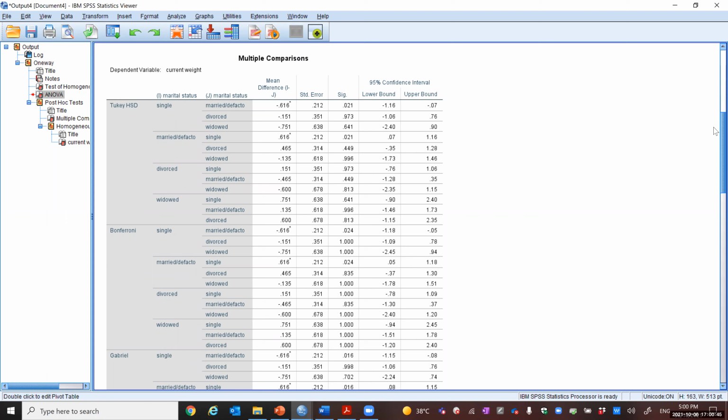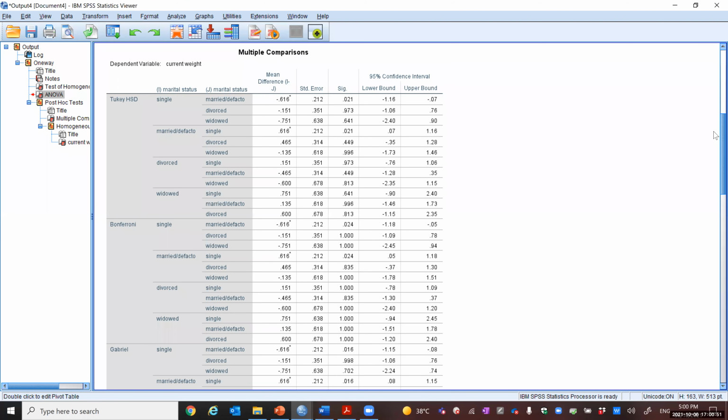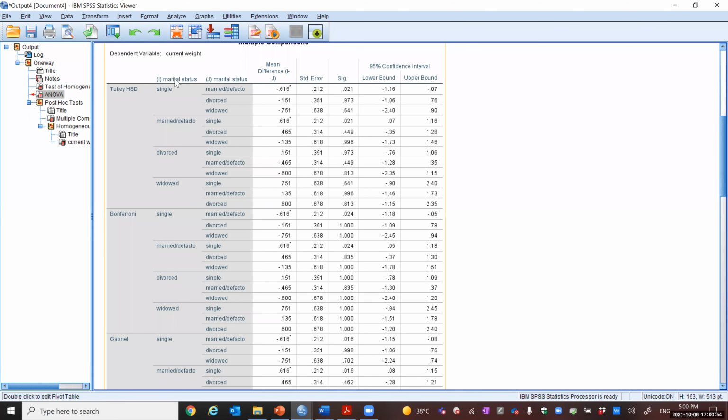Because we have homogeneous variances, let's look at any of these, for example, Tukey's. If you look at the output, here you will have the I marital status and J marital status.